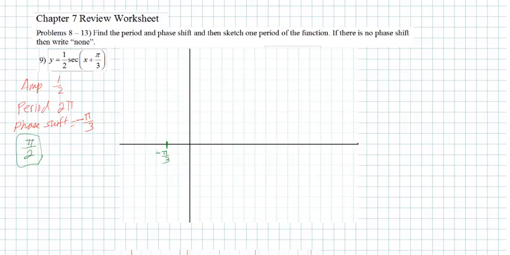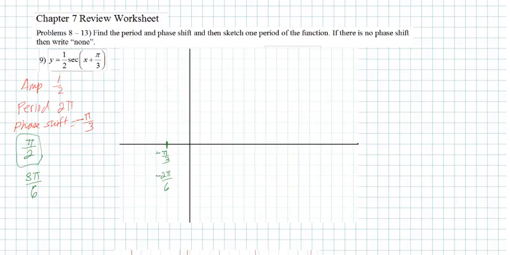So this one into sixths would be 3 pi over 6, because 3 over 6 is 1/2, so we got 1/2 here. And this one would be negative 2 pi over 6.